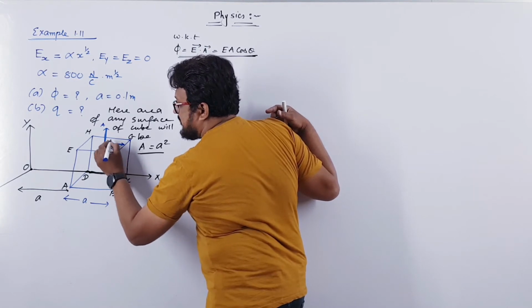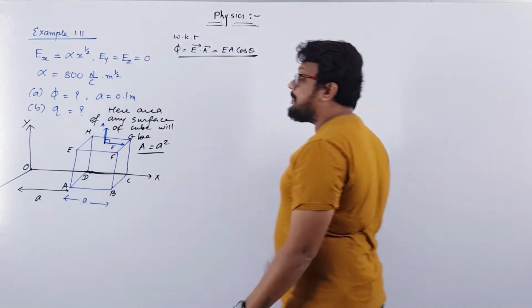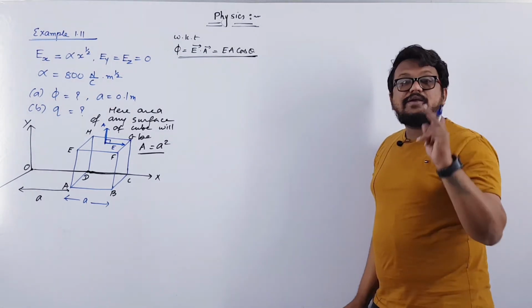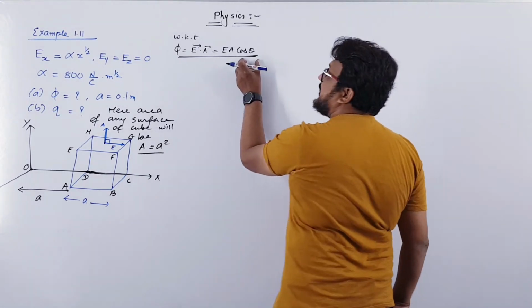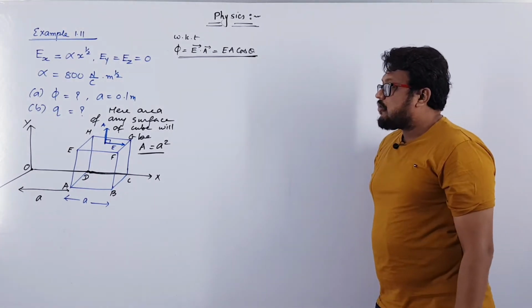So clearly you can see that area and electric field are perpendicular to each other. And if electric field and area are perpendicular, flux will be 0 because cos 90 is 0, right? Cos 90 is 0.